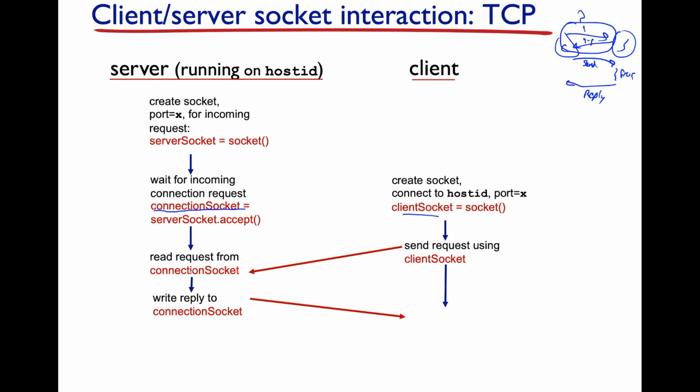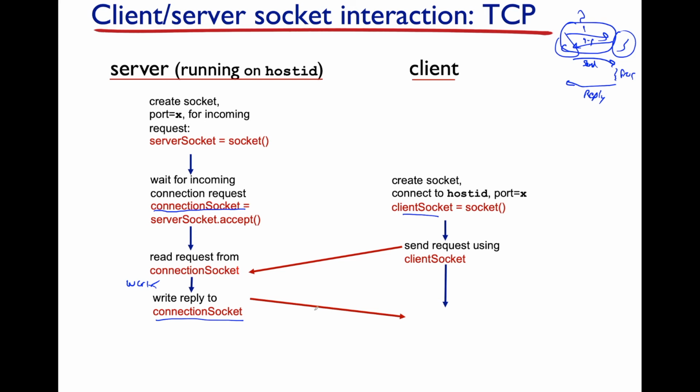The read from the connection socket on the server will get the information out of this socket doorway, which was put into its own doorway by the client. Once the server gets this request, it performs some work or some action, and that action results in some value, and it returns that result back to the client as a reply by writing it to its doorway, its connection socket.